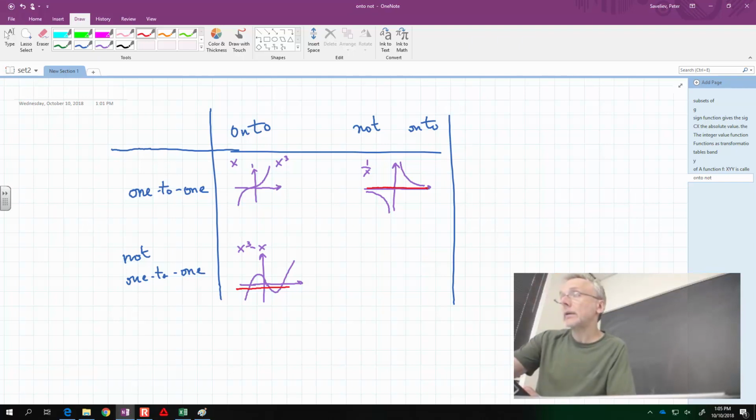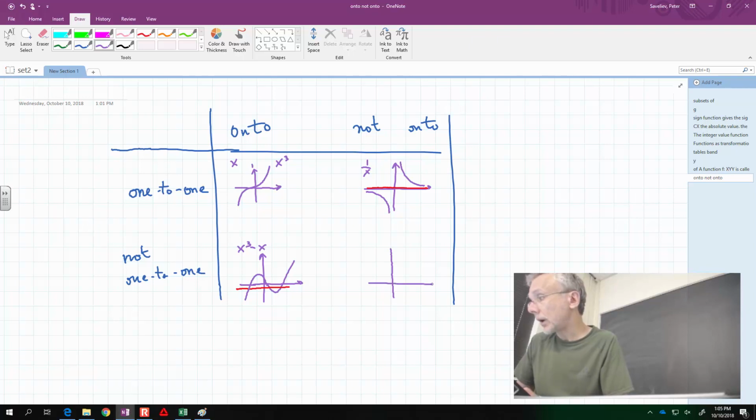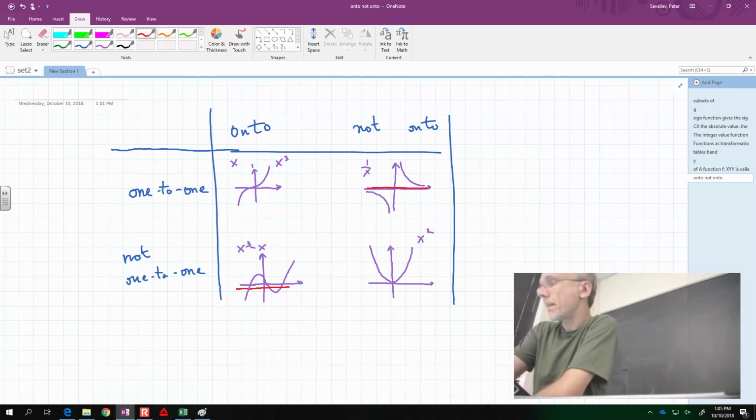And finally, the last example is a function that is neither 1-to-1 nor onto. There are a lot of examples of those. And the simplest one probably would be x squared. Let me maybe use orange.